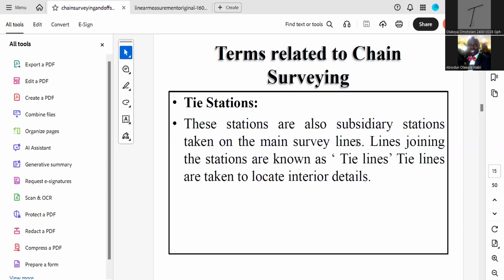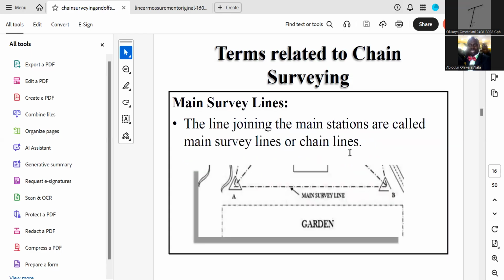All right. So let's take note of that. We will have many tie lines. That's why this slide is in plural. We have many tie stations, so for that fact, we'll have many tie lines. And we use these tie lines to locate interior details within the area to be surveyed.